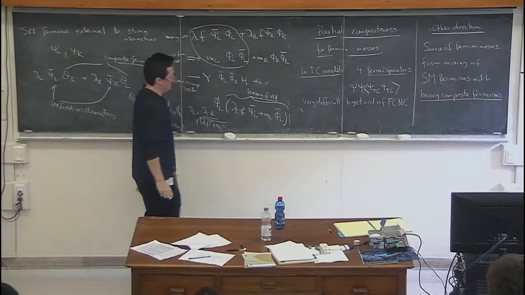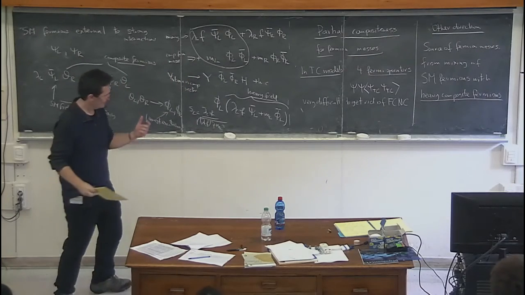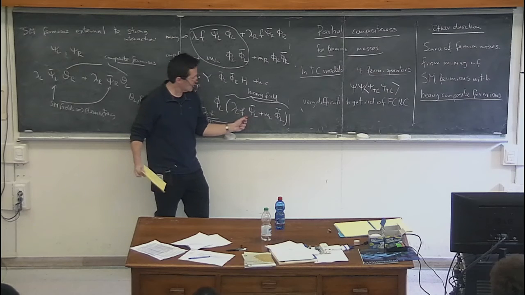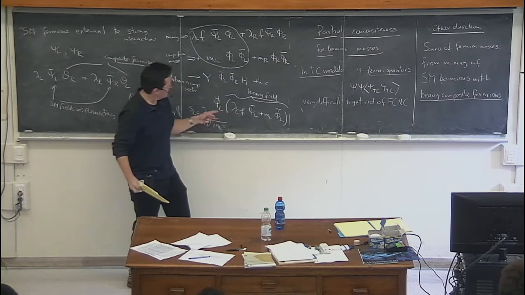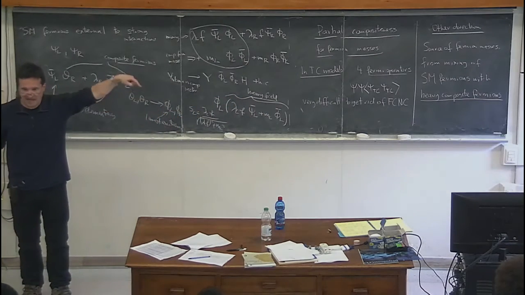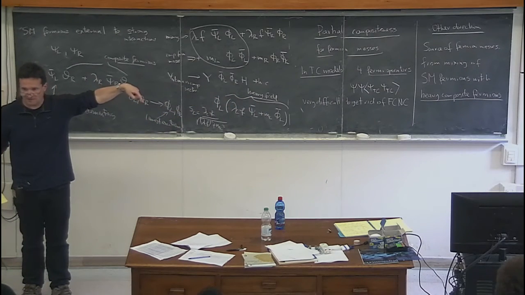And then the important thing is that the light field is an orthogonal combination of these two fields. Yes, so it will contain a little admixture of the heavy field also, of the composite field.